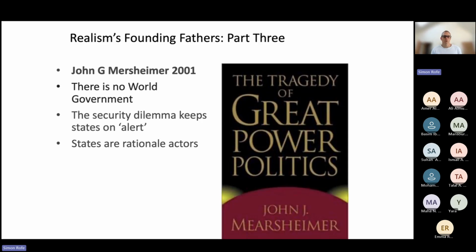Okay, so having shared these three tomes from Hobbes, Waltz and Mearsheimer, we see that that's 400 years worth of scholarship, just like that.